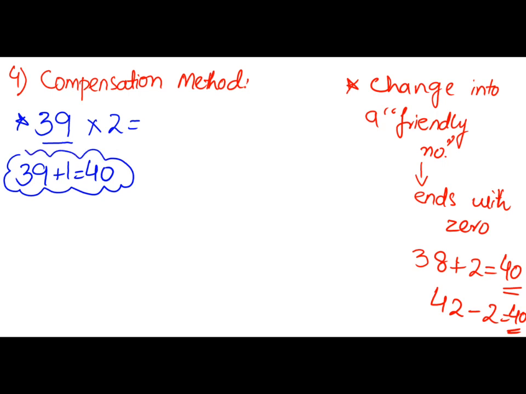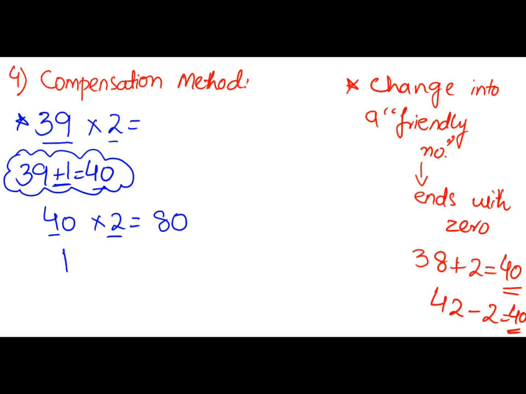This 40 is a friendly number. So first, 40 multiplied by 2. 2 fours are 8, so it is 80.